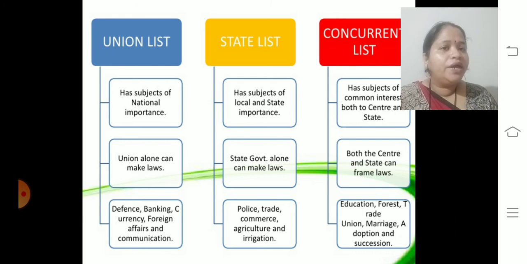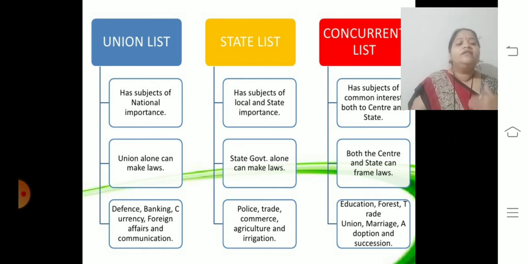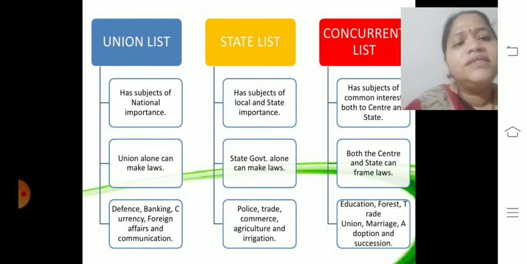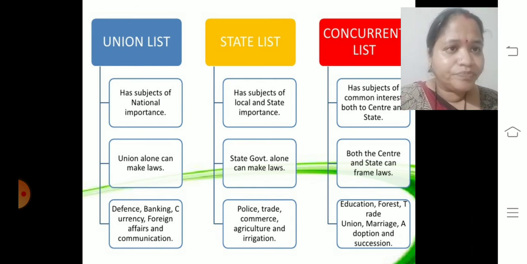It depends. So trade is also according to the state. Trade, commerce, and agriculture also depend upon which soil is there, which type of fertility is there, which type of irrigation facility is there. So according to the state this works. Whether it is needed or not, according to the state list, they will take the decision.